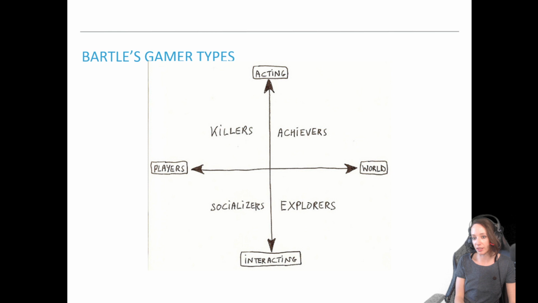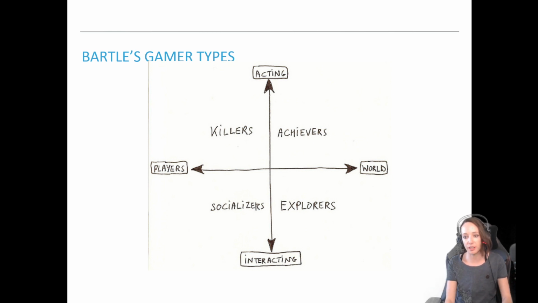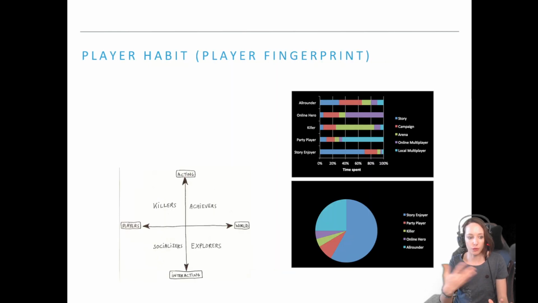It's not like for every game I'm the same player type. I do have also different patterns how I play in different games. So for instance, I love to call this the player habit or the player fingerprint. Maybe the player DNA would be a little bit too much sometimes, because again, this is something which might change over time or dependent on the games.